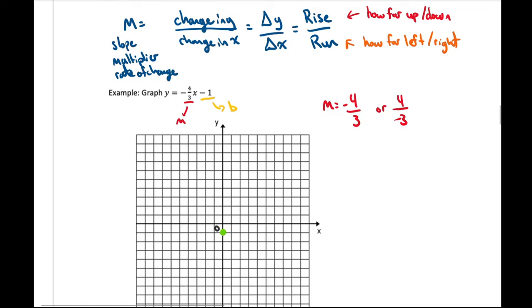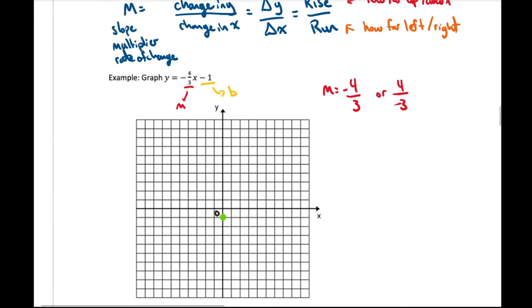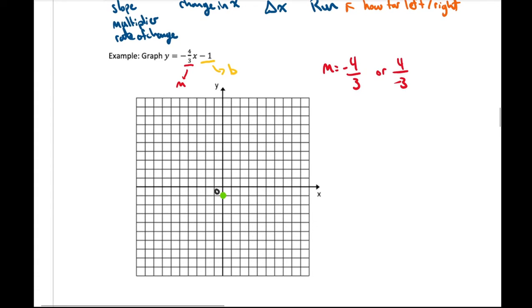Rise is the top number, negative 4, if we're looking at the first one. So from this point, I'm going down 4 spots. The run tells me how far to the right, because it's a positive 3, so I'm going 1, 2, 3 spots to the right. That is where I end up, my new location for my next point.